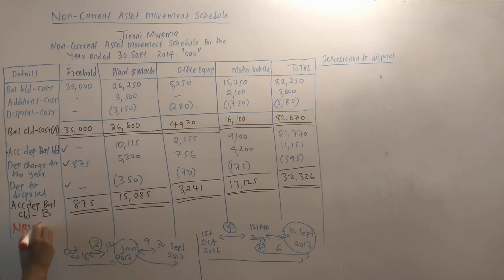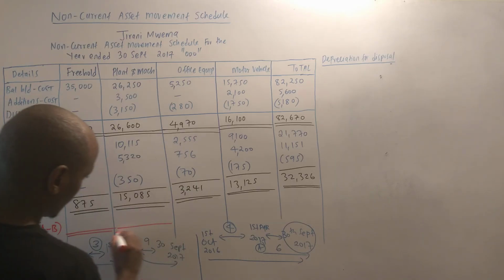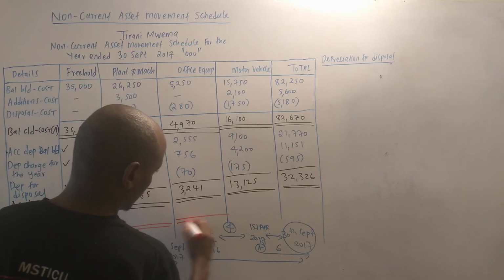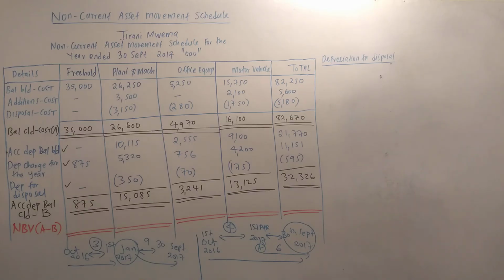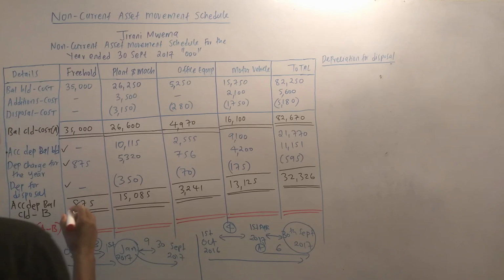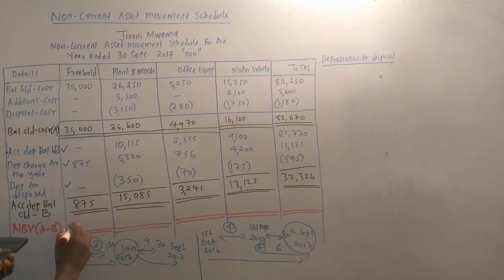So you take A minus B. So I will say 35,000 minus 875. We deduct, so A minus B, 34,125.